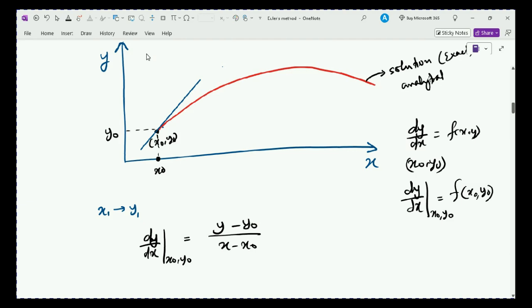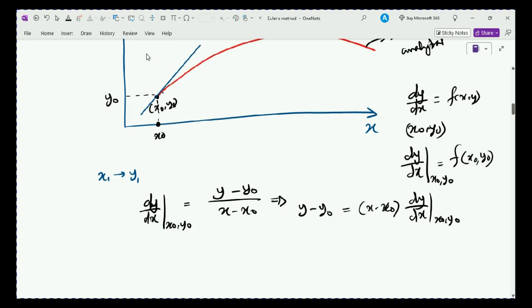Before we take a neighboring point, let's write this in a different form. From this we can write y minus y0 equal to, taking this to the other side, x minus x0 into dy by dx at x0 y0.